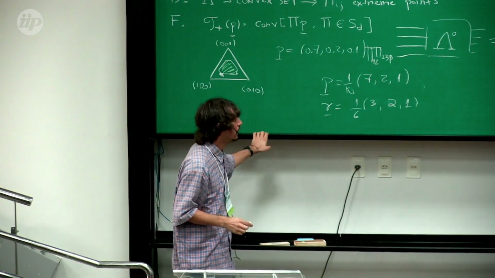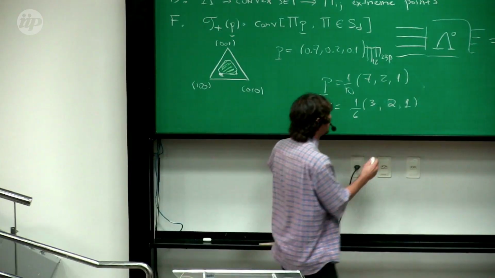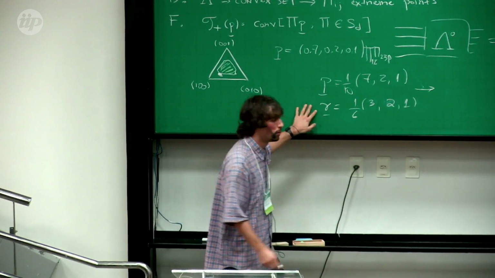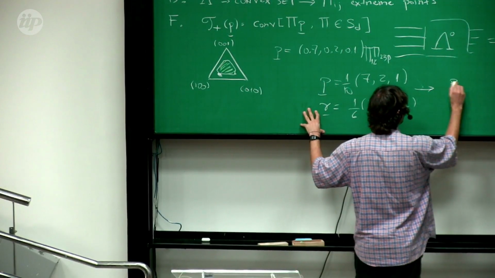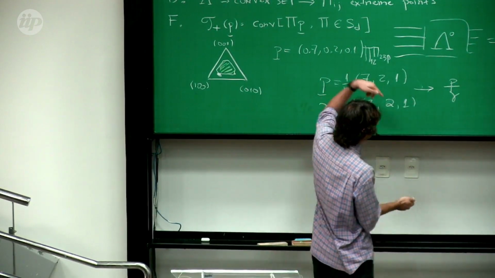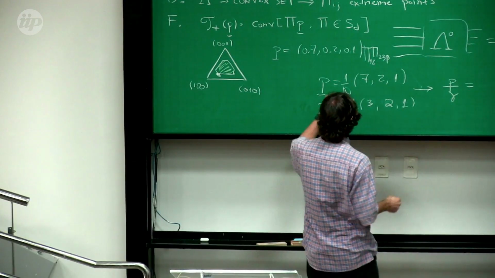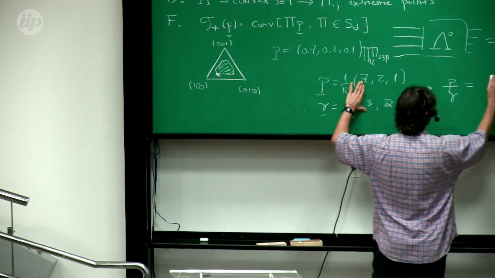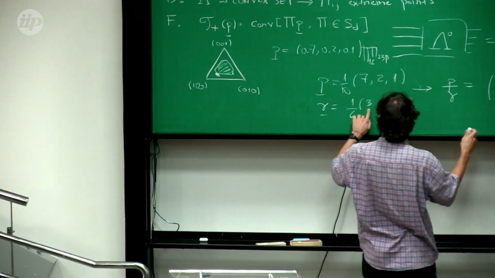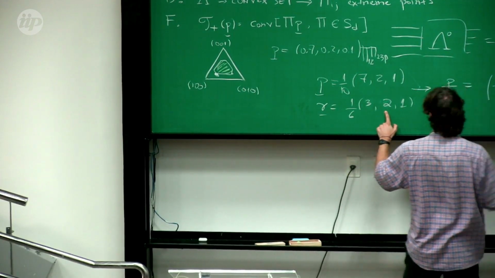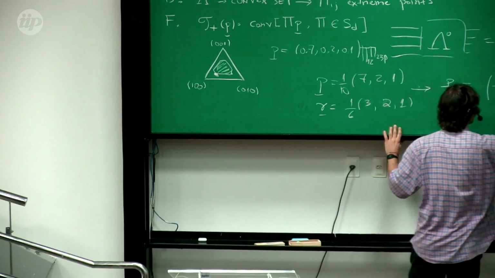So basically, the method is, first, you order P with respect to gamma. What you do is take P and divide it by gamma, and then order in non-increasing order. So this is entry-wise. First, you have 7 over 3. 2 over 2 is 1. 1 over 1 is 1, right?